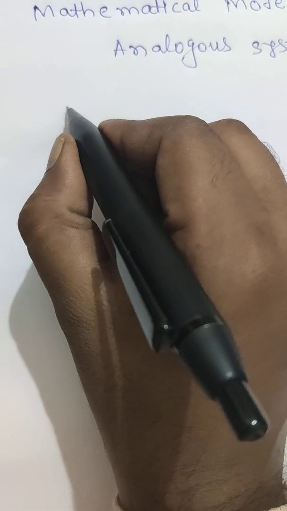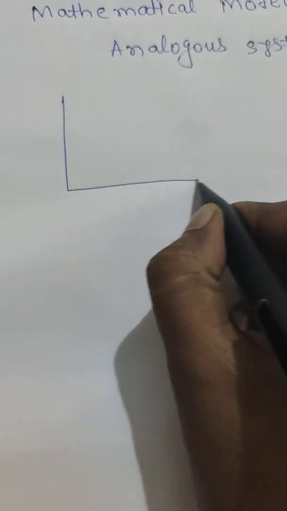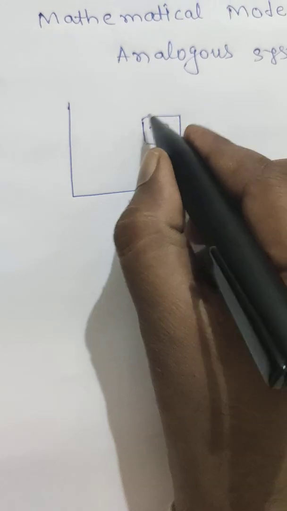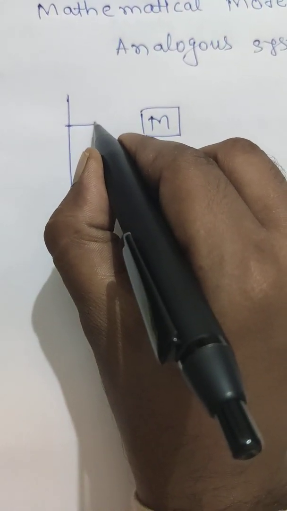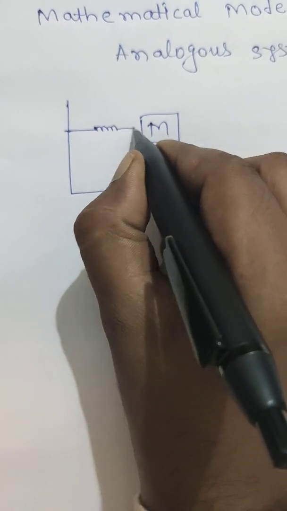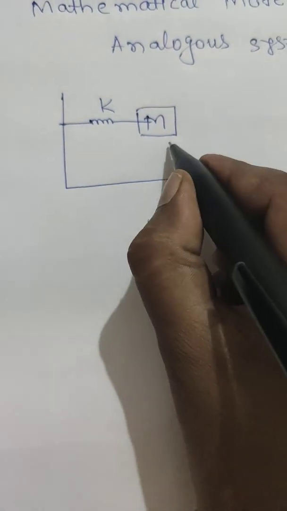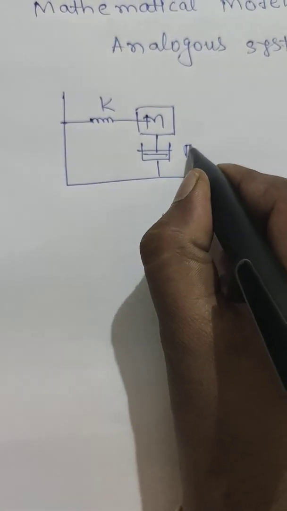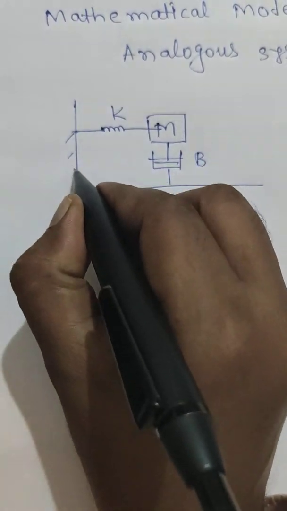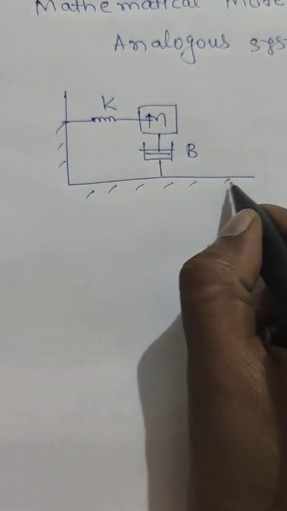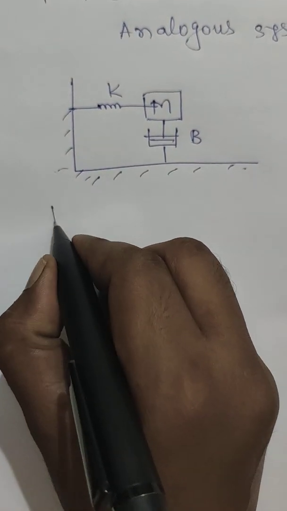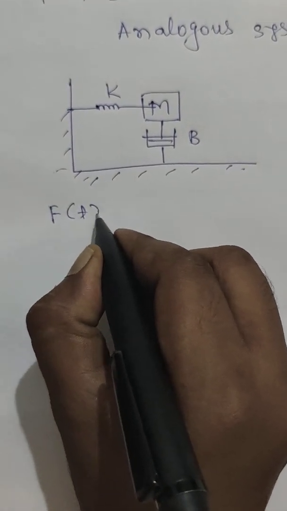Okay, so a simple mechanical system consists of three main parts: mass, then the spring constant K, and the friction, that is B. So this is a simple mechanical system. First of all we need to find the equilibrium equation of the mechanical system.